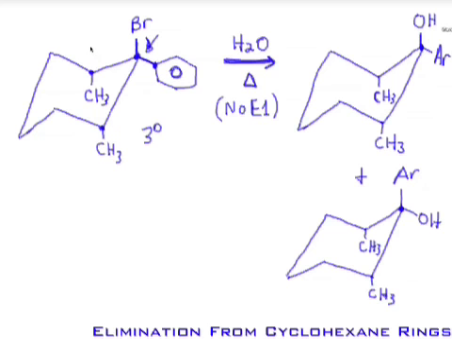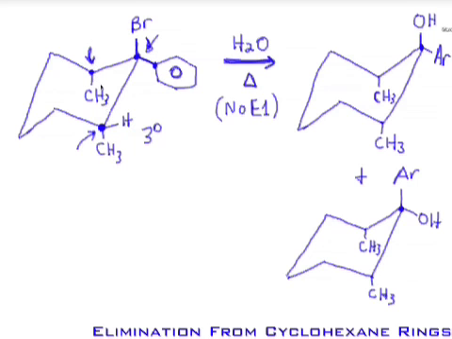It occurs because these centers are chiral. Take a close look. This carbon right here has a hydrogen, a methyl, a carbon with a bromine, and a CH2. That's 4 different groups. This carbon will be the same way. It'll have 4 different groups.